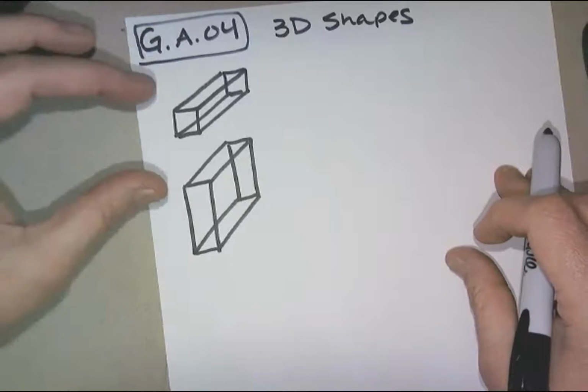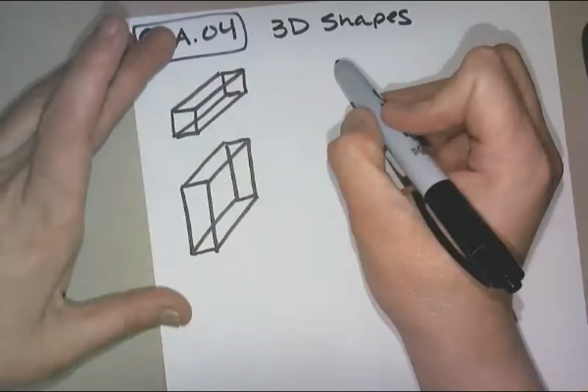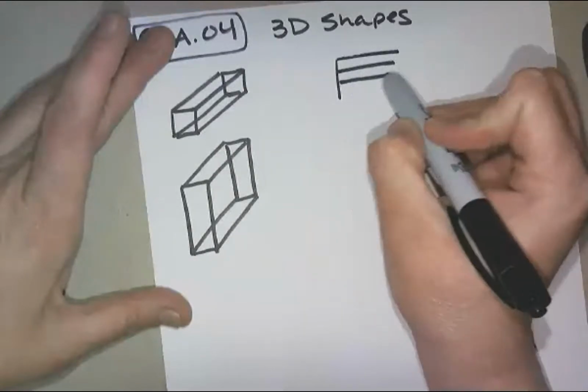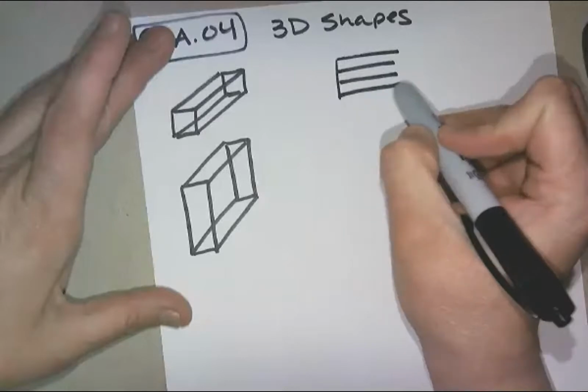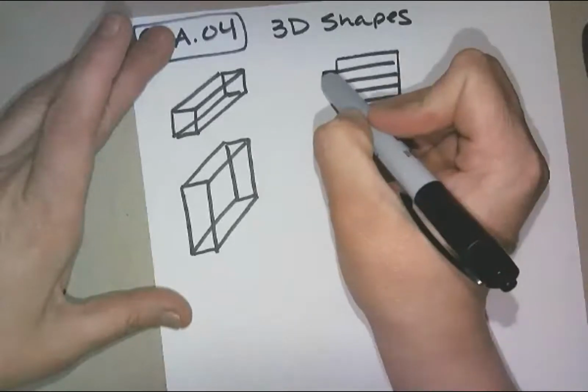So now when we open it up, we know that this one from the last video, 1, 2, 3, 4, could look like this.